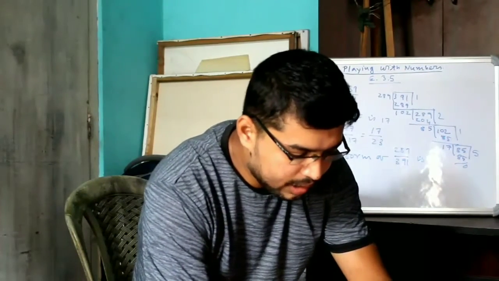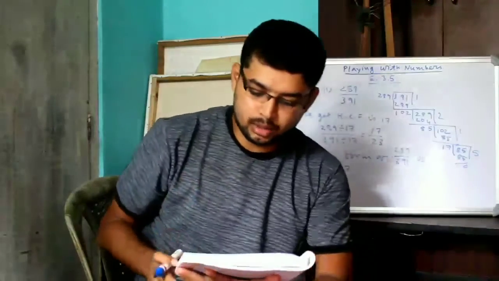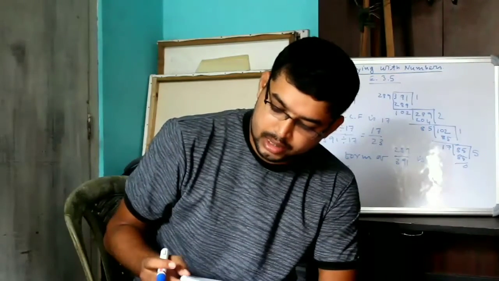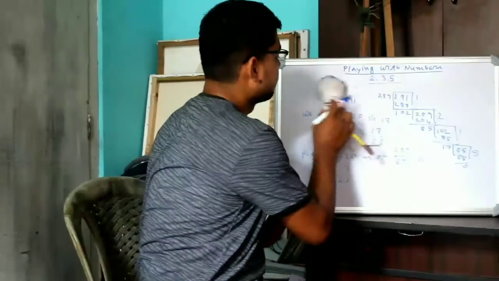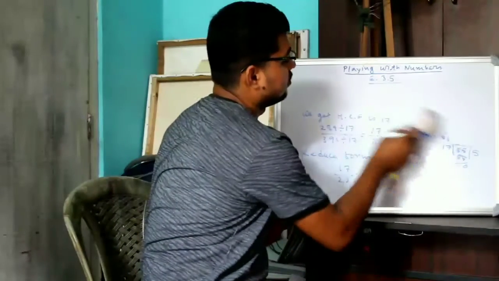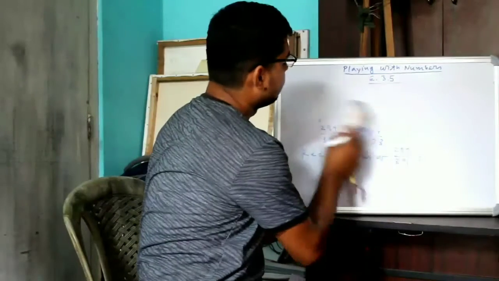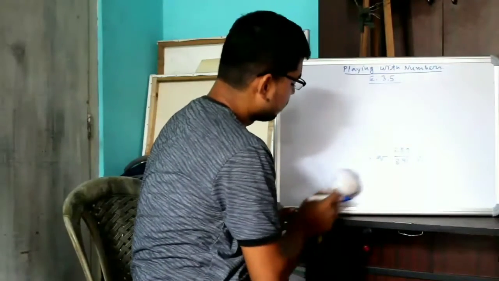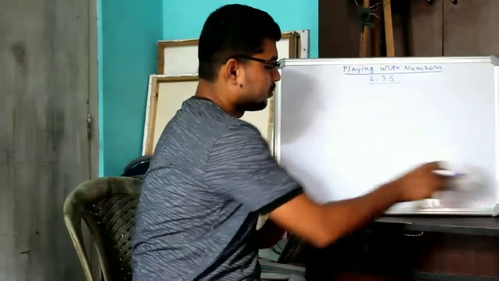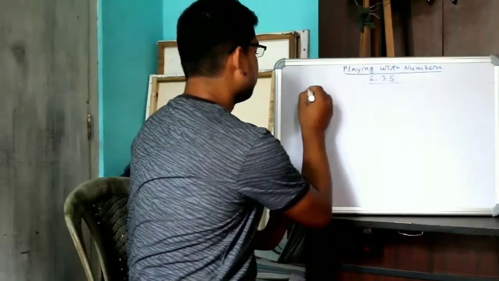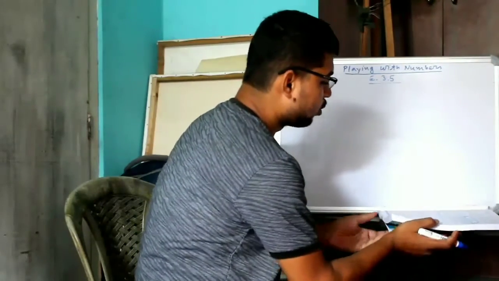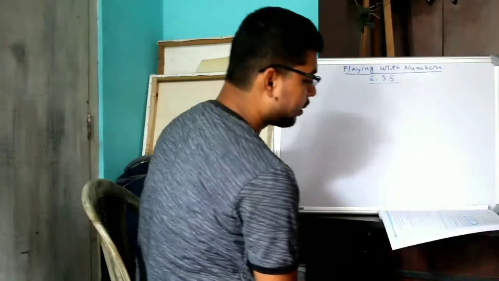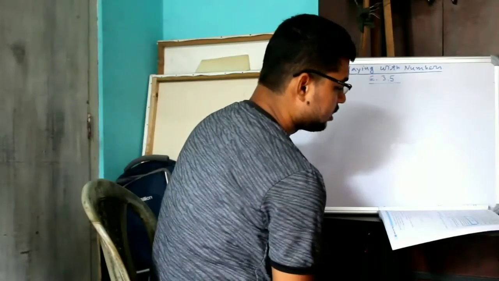Number 5. Find the greatest number which divides the numbers 75 and 54 and leaves 3 and 6 respectively.